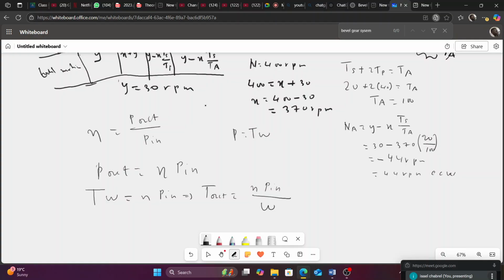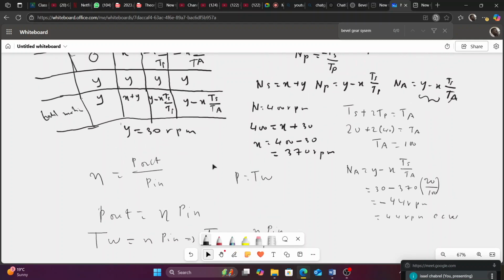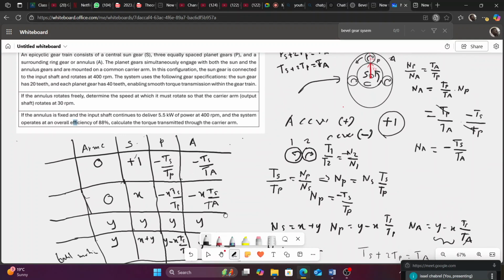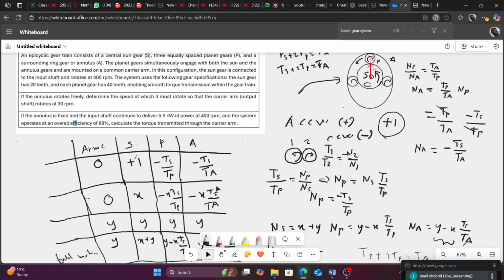Now what is the speed here? The W here can simply be replaced by N. What is the speed of the carrier arm? It is 13.